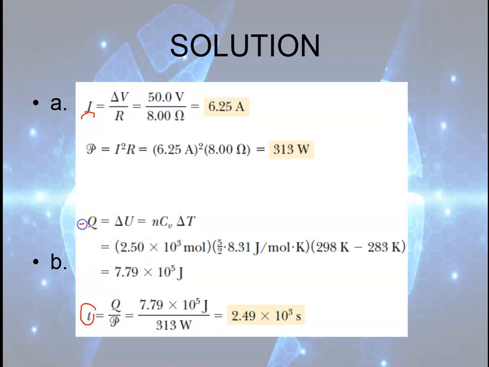So I will start from my Q here, where Q is equal to n, which is the number of moles, times Cv, the molar specific heat, times delta T. I have all of these, so I substitute everything and I will get my value of Q. And from P equals Q over t, I will get this answer as the time taken to heat. Right?